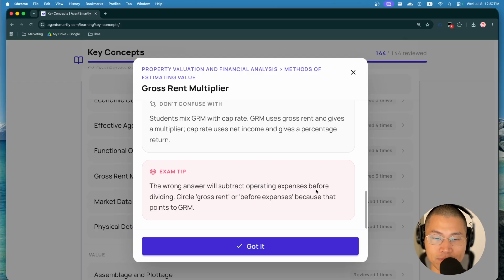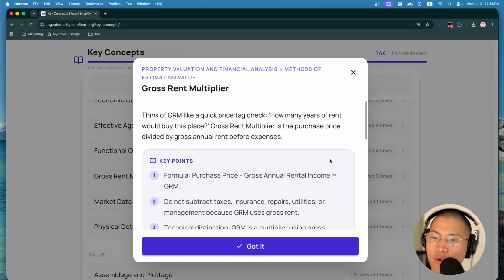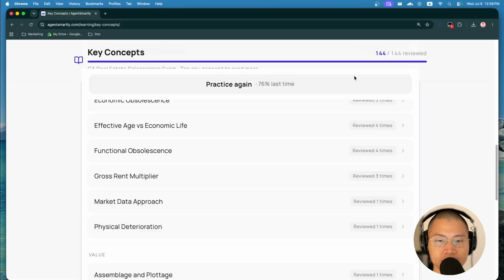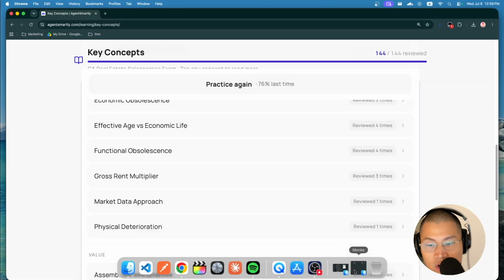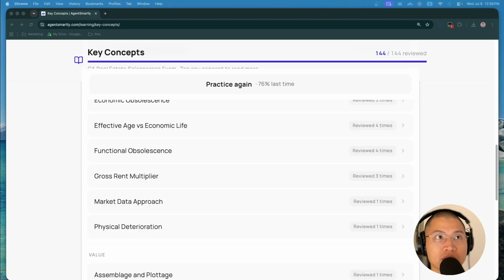For the exam tip, usually the wrong answer will say to subtract the operating expenses before dividing. Circle the gross rent when you see gross rent or before expenses, because that's the point for GRM. I think it's pretty straightforward. So do not confuse it with the cap rate.